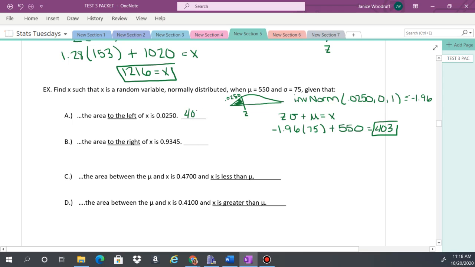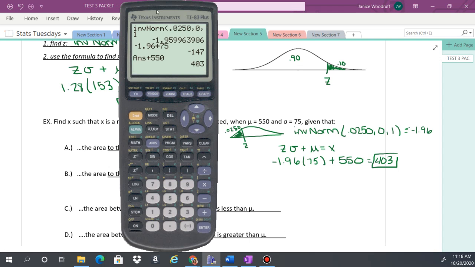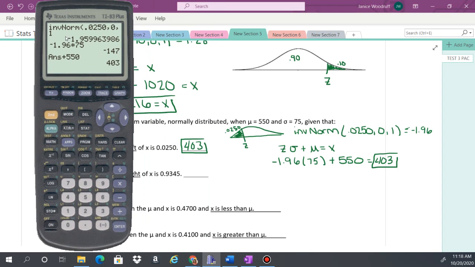But there is another calculator shortcut. The very last example on your handout. This is what this is telling you. If I did this problem and instead of using 0 and 1 for my mean and standard deviation, I use the actual mean and standard deviation, it should give you those values.